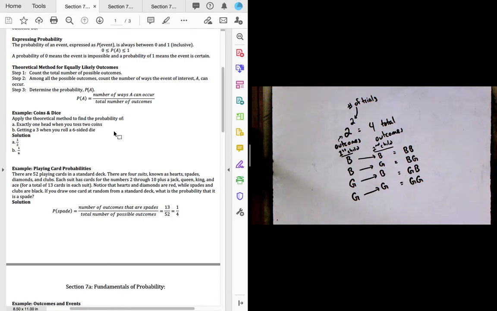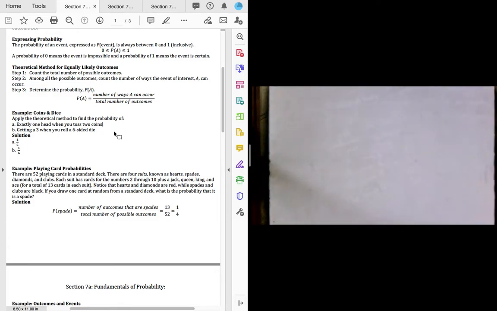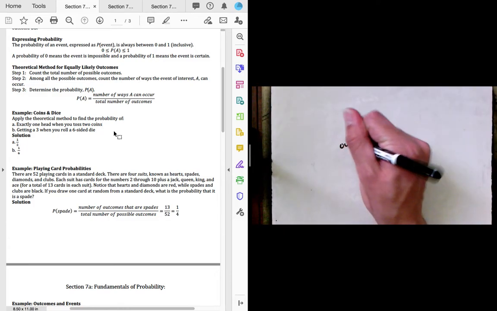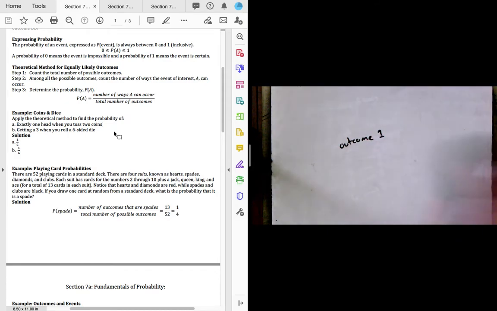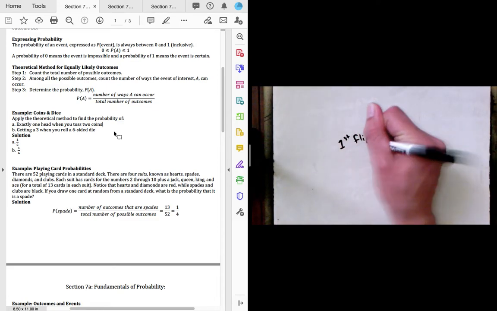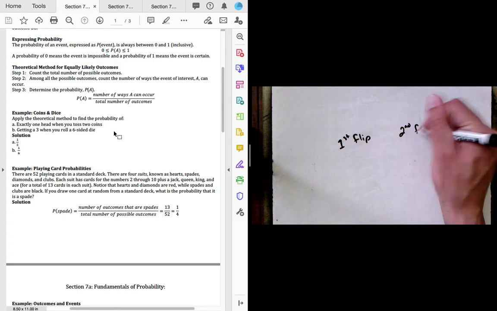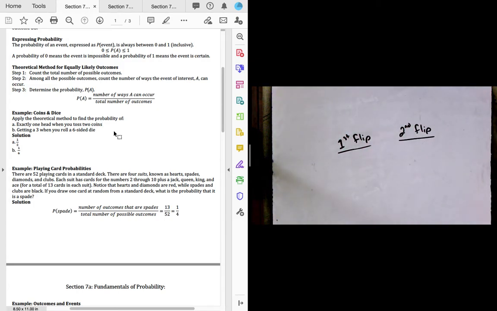In the example we were looking at, they want us to find one head when we toss 2 coins, which is no different really than the boy-girl case, except instead I'm going to use heads and tails. I'll call this the first flip and second flip. Because flipping a coin has 2 outcomes, and we're going to toss the coin 2 times, it's going to look very similar to the one we just did.